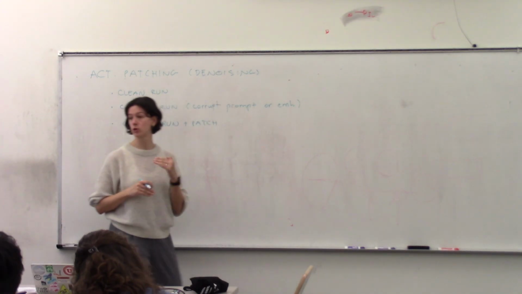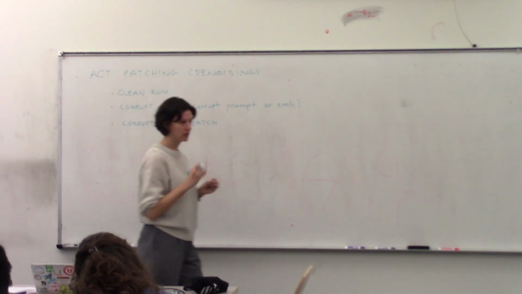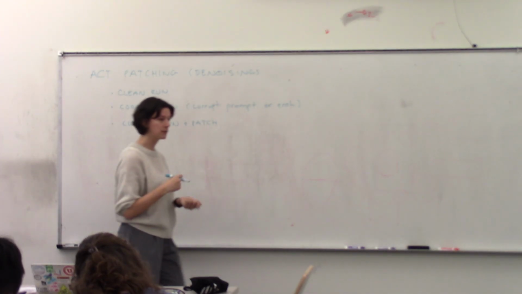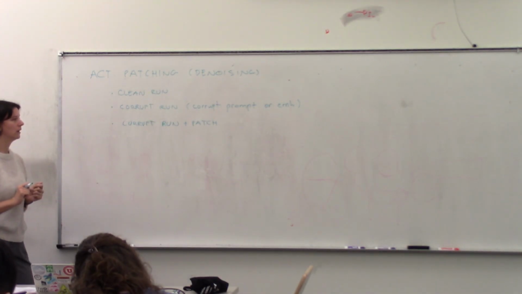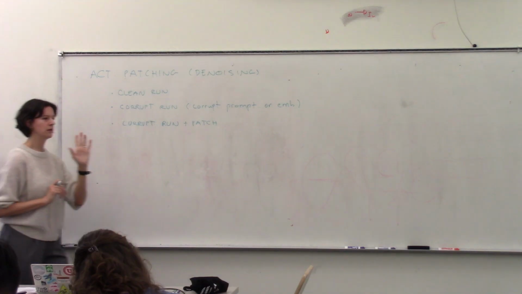So for example, if I have chosen layer 3, and in that layer 3, whatever the component is, I have a certain representation, I swap it with the clean run's representation in that location. Now, sorry, Samir, is it? Yeah.